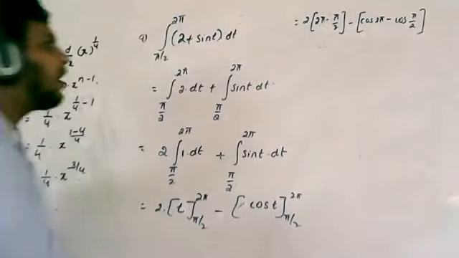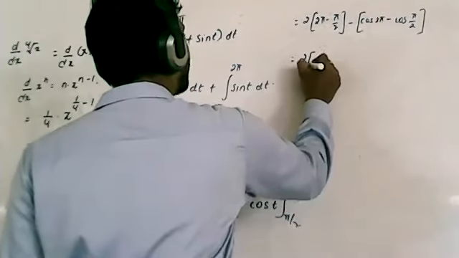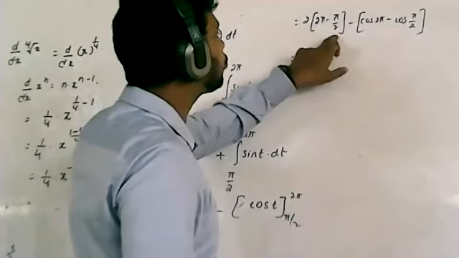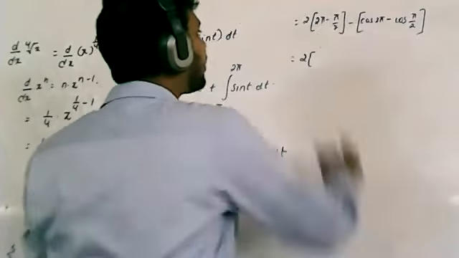Now what is the value of cos 2 pi? That is 2 into, are you clear? This can be taken as 2 twos are 4, 4 minus pi, that is 3 pi.